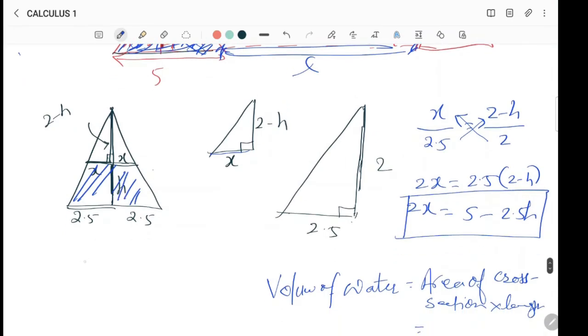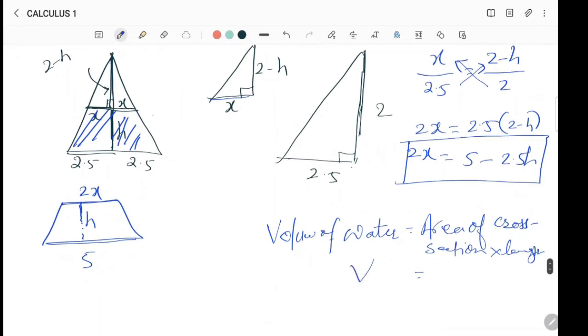So that's basically a trapezium. This length is 2x, this length is 5, and the height of the trapezium is h. So area of a trapezium, we know, is half times the sum of the parallel sides times the height.